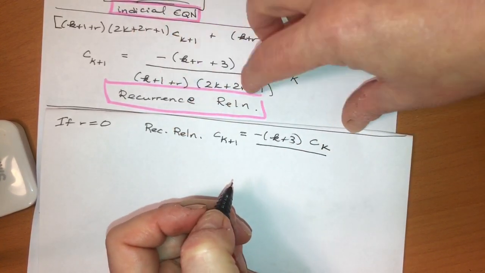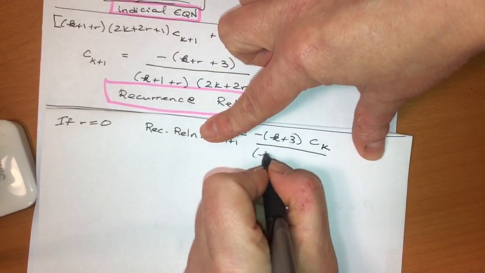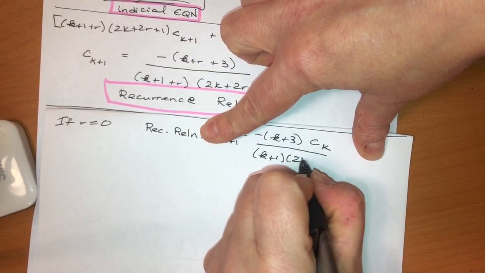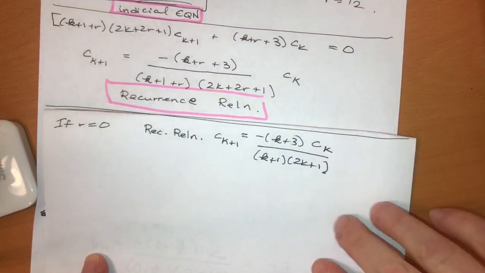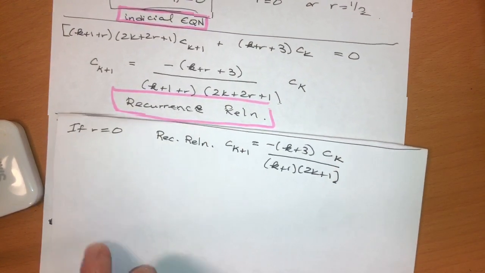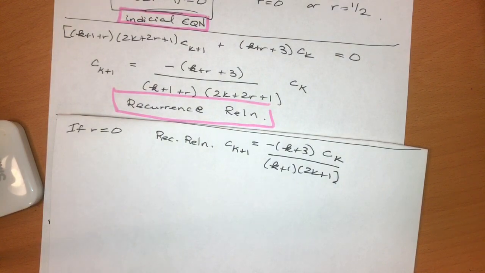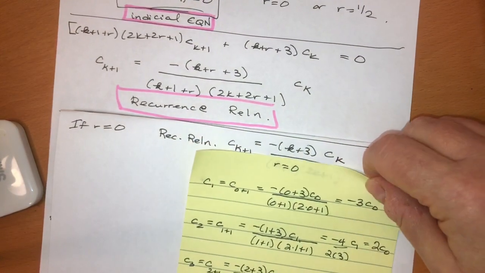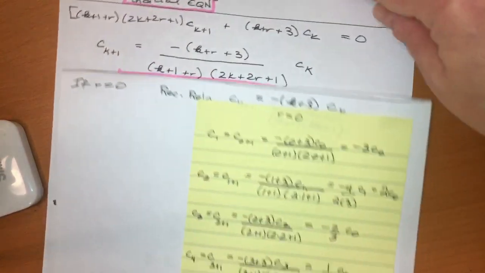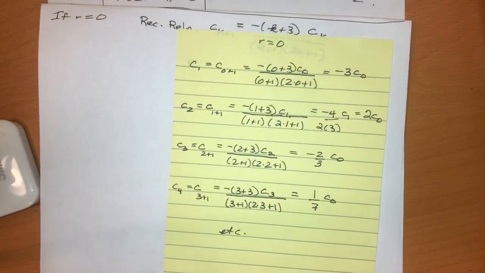K plus 1, 2k plus 1. And you can compute your values of the constants in terms of the initial term, C naught.